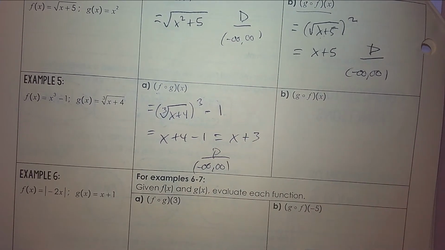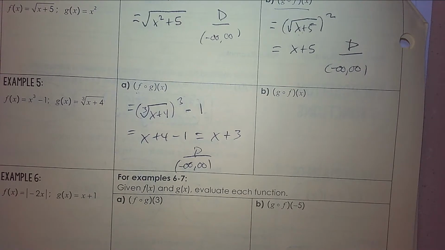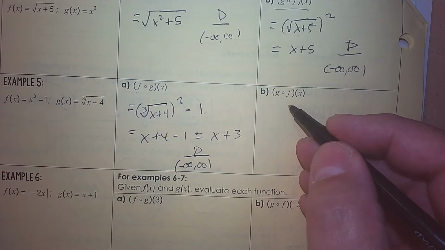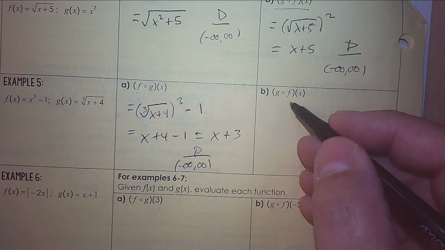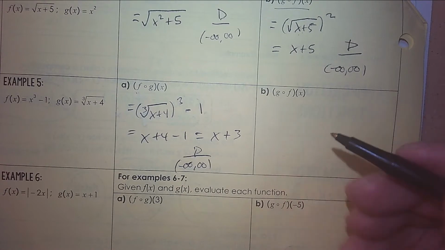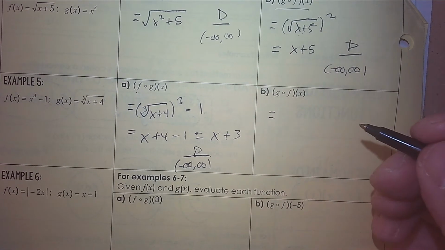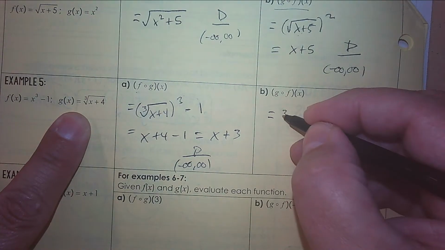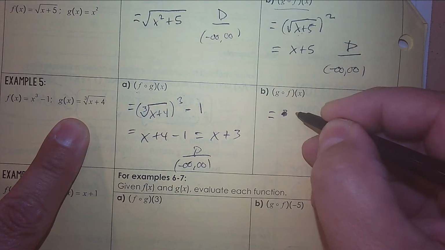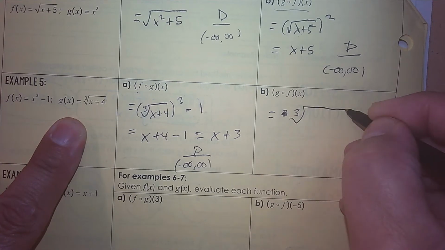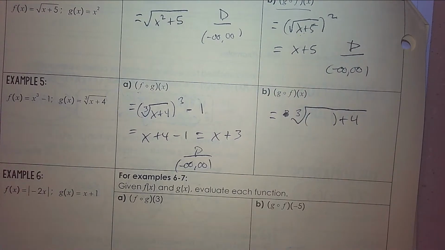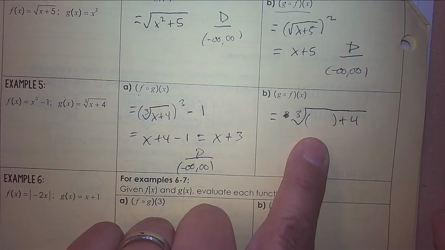Part B. Claudia, how do we read Part B? G composed by F. Perfect. So what should I write down if it's G composed by F? So I'm going to write down G, which is the cube root of, and then instead of X, I'm going to put in parentheses. And then what goes inside the parentheses?